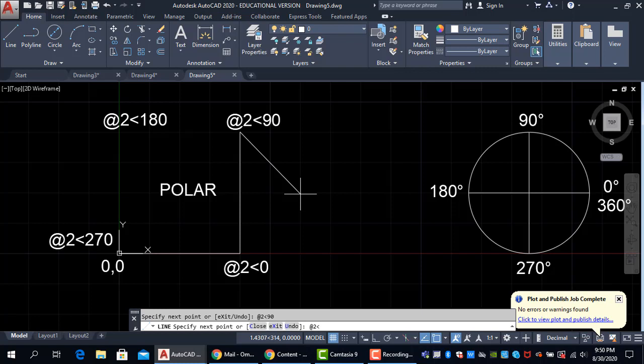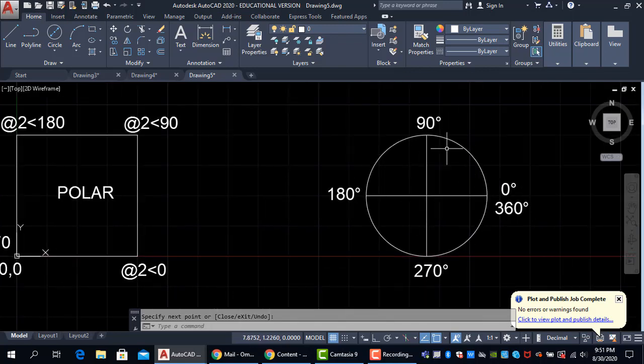We want the degree 180. And then the last one, we do at distance 2, angle. We want the line to go straight down, so it's 270. There it is. Okay. So on polar, remember, you give it the distance and the angle.